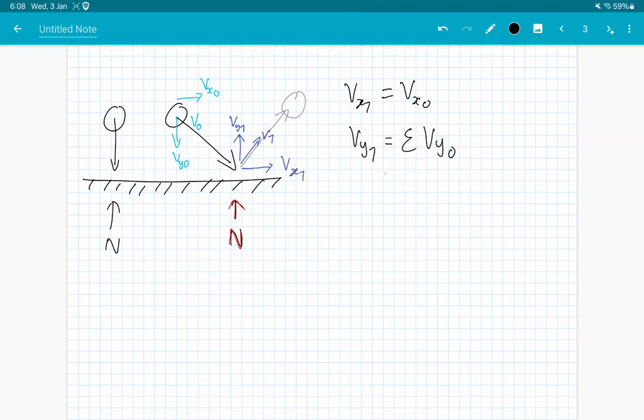So you should always remember that you never apply a coefficient of restitution parallel to the ground. This is because it is parallel to the ground, and this is because it is perpendicular.